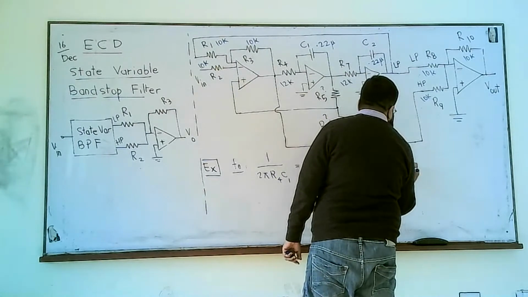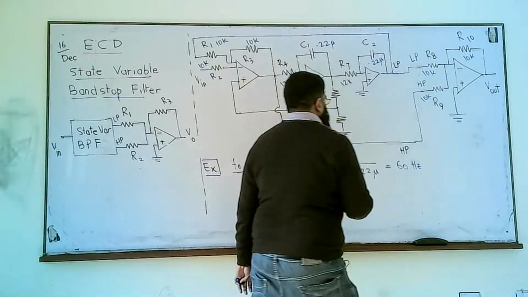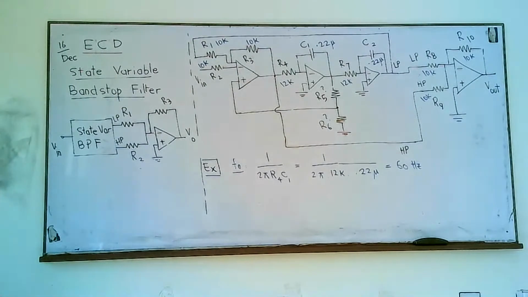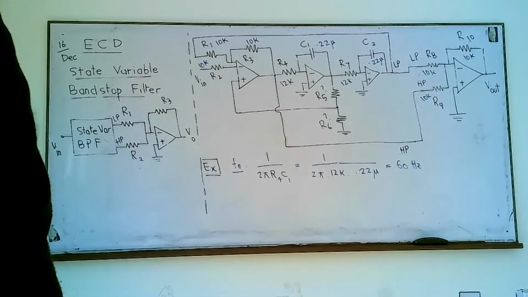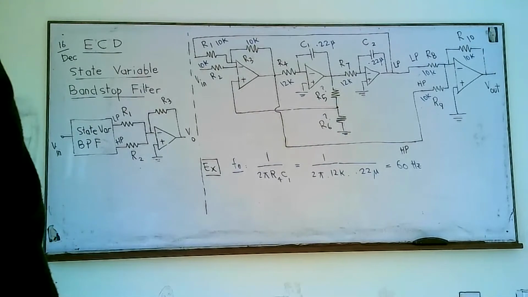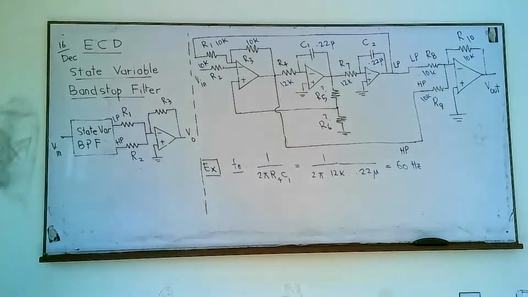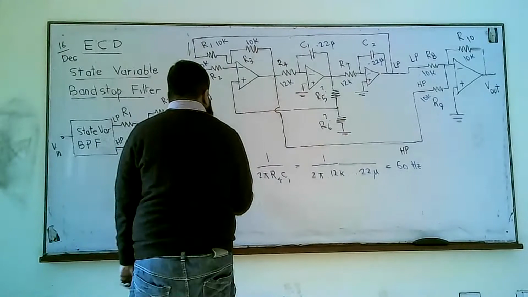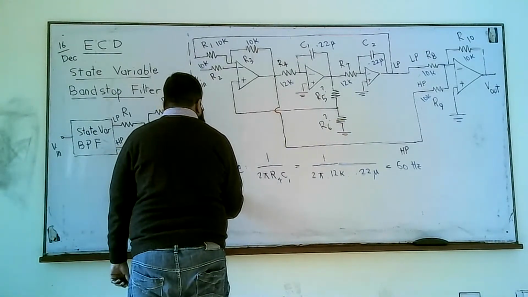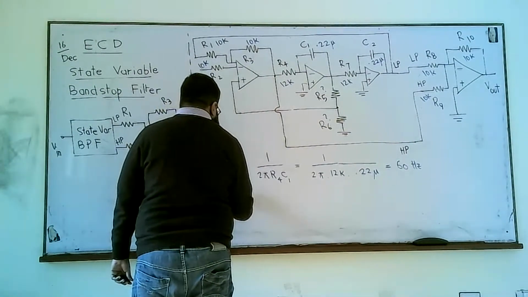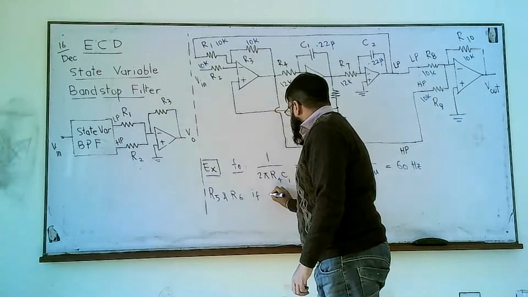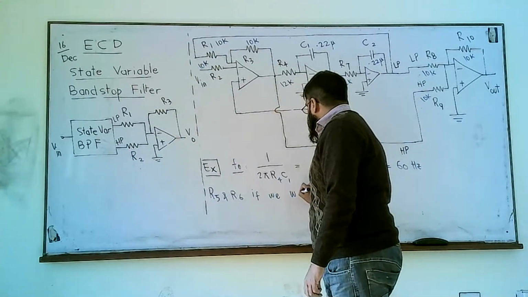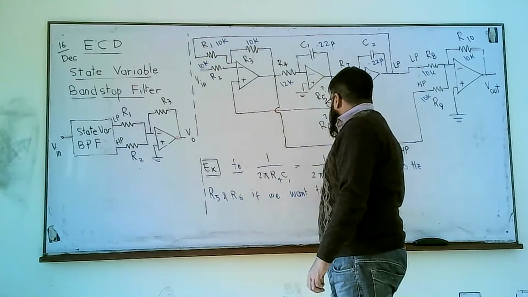Amazingly, it's going to be a 60 hertz hum suppressor. And then we have to ensure Q is equal to 10. In the second part, we have to find the values of R5 and R6 if we want to ensure a good selectivity.